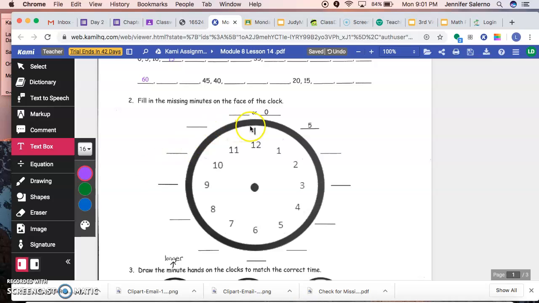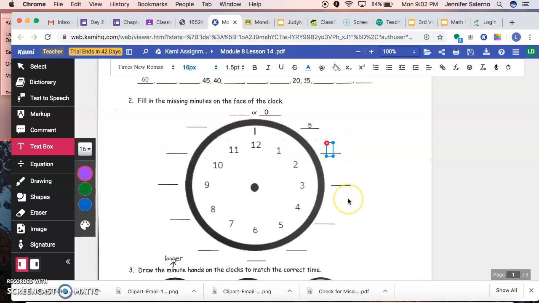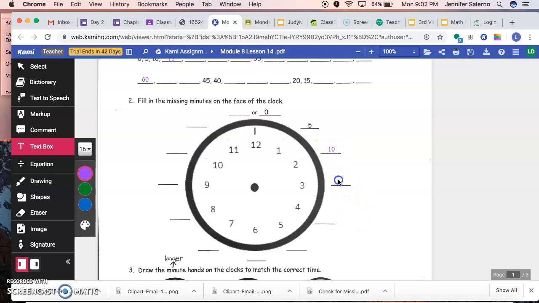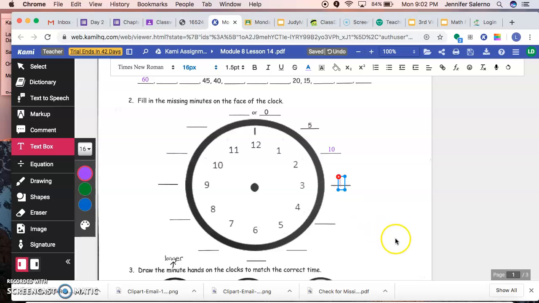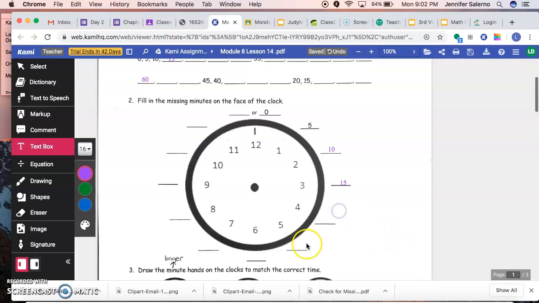Then again, they're going to give you now the clock. This looks very similar to what we had on yesterday's Google slide, and it just says 0, 5, and you're going to know 10, okay? 15, and then I want you to just keep going around. Now this clock is going to help you when you're filling out the rest of your worksheet, okay?